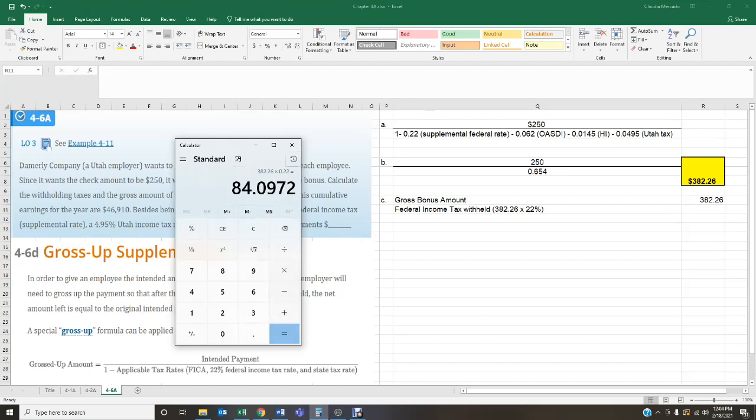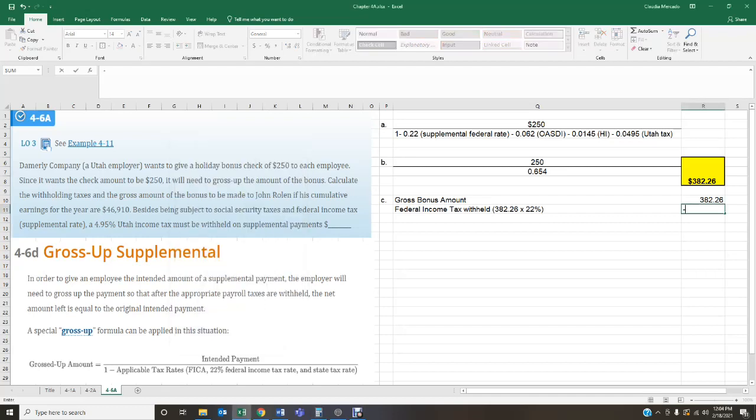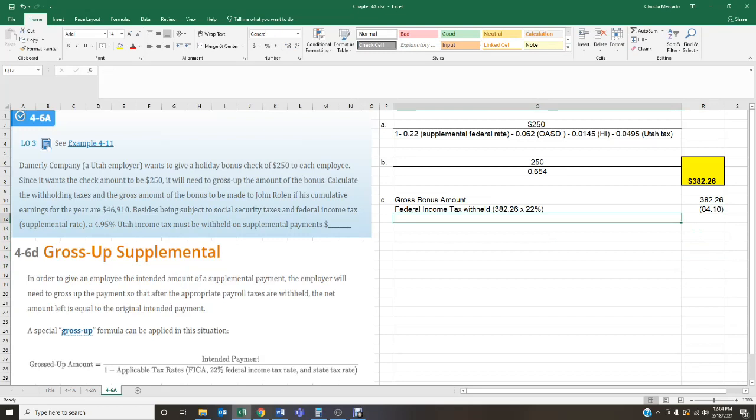Because that third digit is a 7, I'm going to round up to 84.10. Rounding is critical. Students make a lot of mistakes in rounding. Now, I'm going to put this in parentheses because these are my deductions. I am going to deduct these taxes from my pay. So that's the federal.